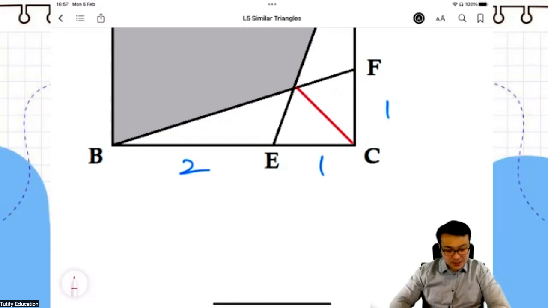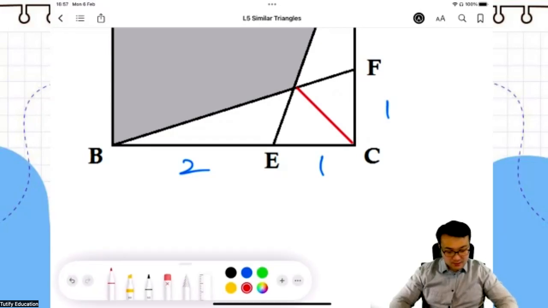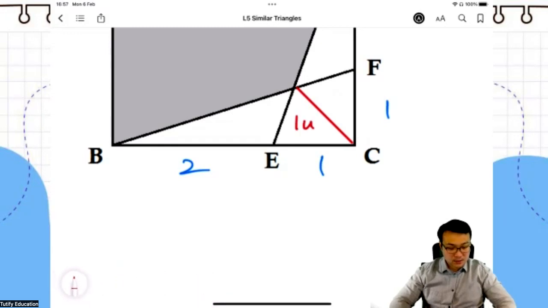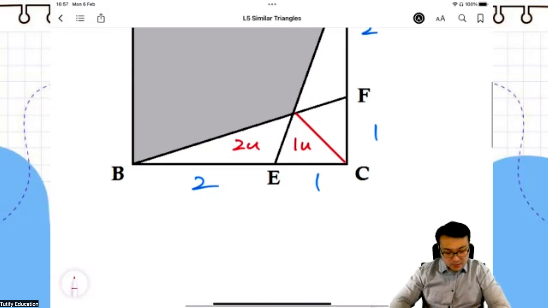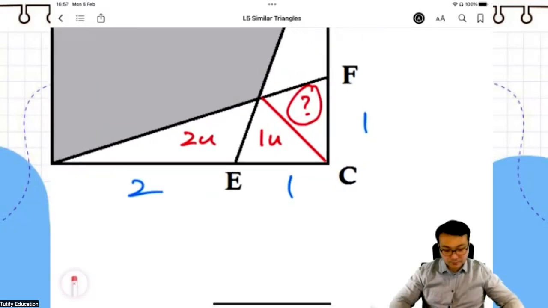So let's say the area of the small triangle is 1 unit. Then how many units is the area of the other one? It's 2 units. Good. What is the area of this triangle? 1 unit.